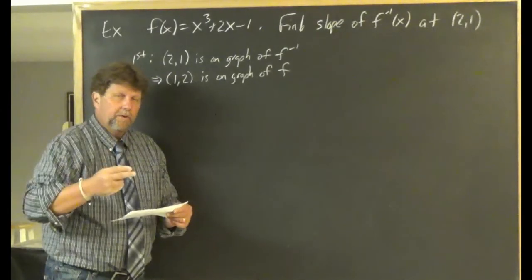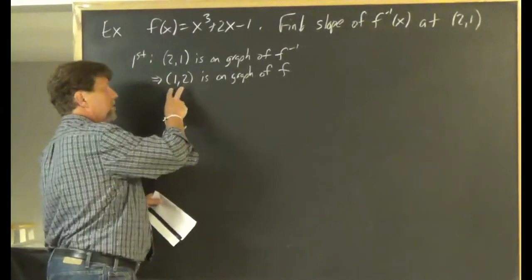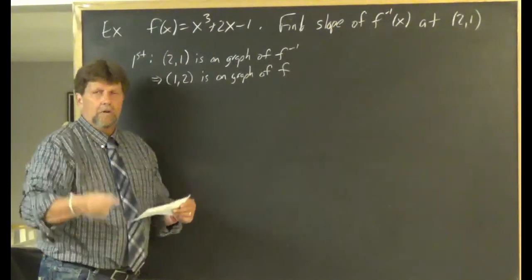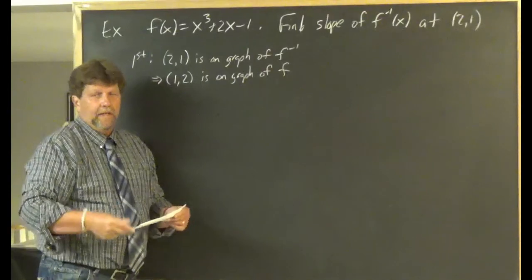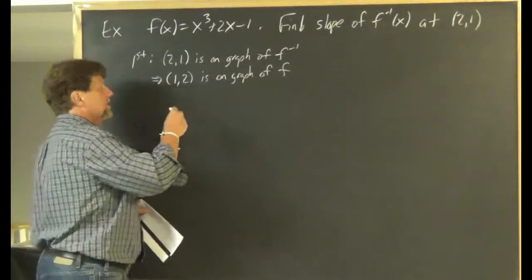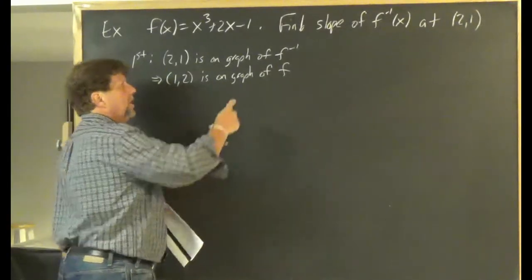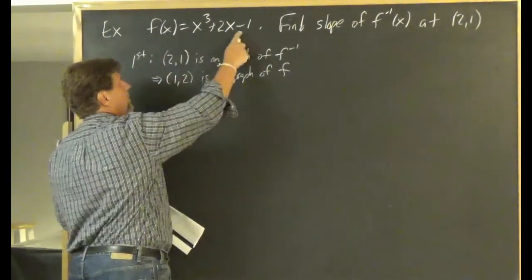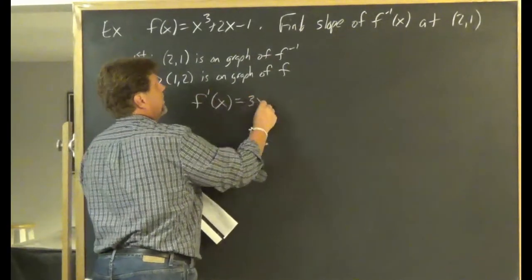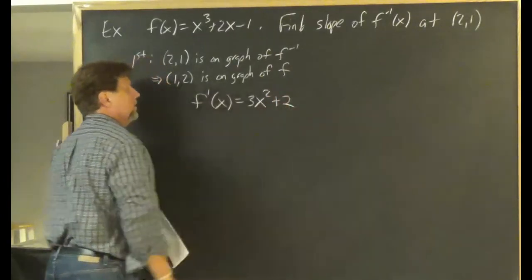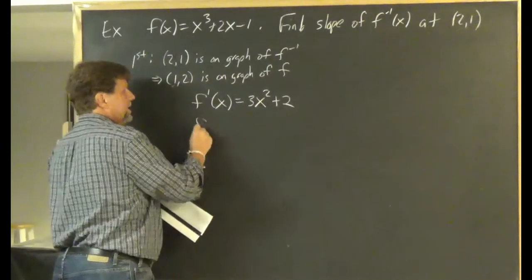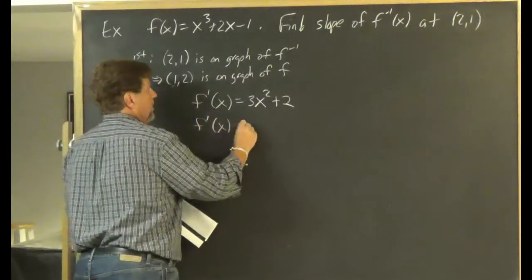The slope at (1, 2) and the slope at (2, 1) are reciprocals of each other. That's what I just said back on the slides. So we can get the slope at the point (1, 2) on the graph of the function. We have the function, so we can compute the derivative of the function. Remember, the derivative gives us slope. We can evaluate the derivative at 1 to tell us the slope.